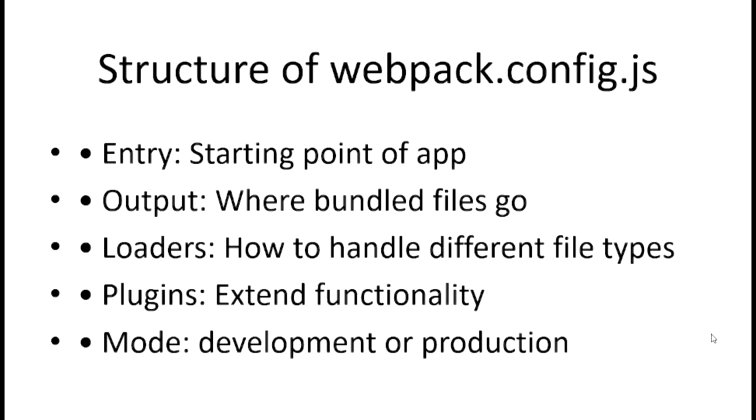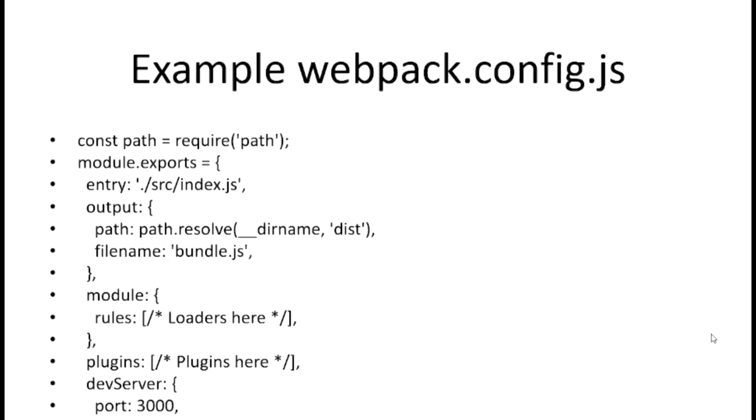Then you apply plugins for features like HTML template generation, optimization, etc. Finally, you define the mode, either development or production. So these are the important structure points of webpack.config.js: entry, output, loaders, plugins and mode. Let's understand webpack.config.js with an example.